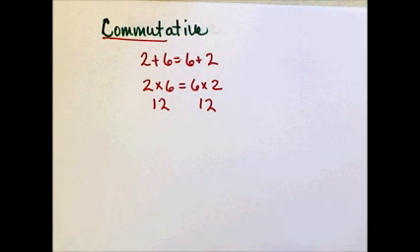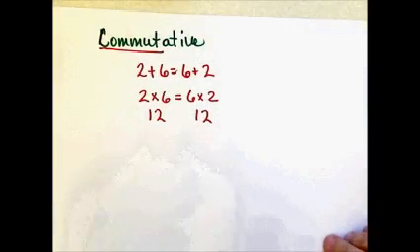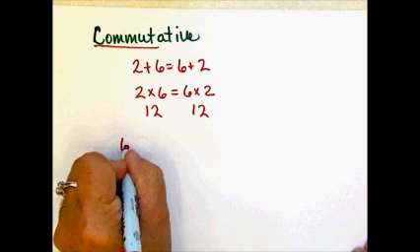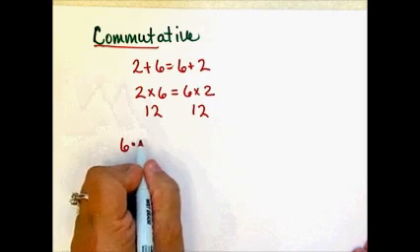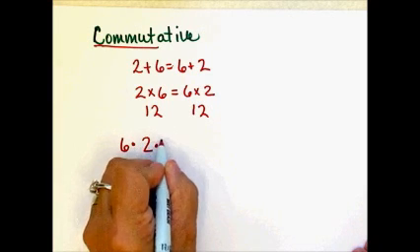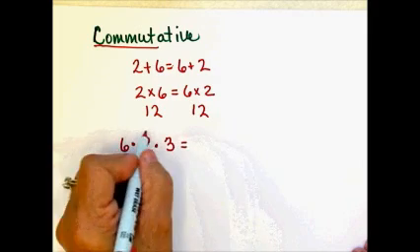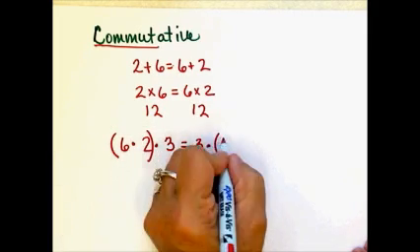Now, remember, we're changing the order. And let's look at 3 numbers here just for a minute. Let's do 6. And remember, the raised dot means multiplication too. 6 times 2 times 3 equals 3 times 6 times 2.